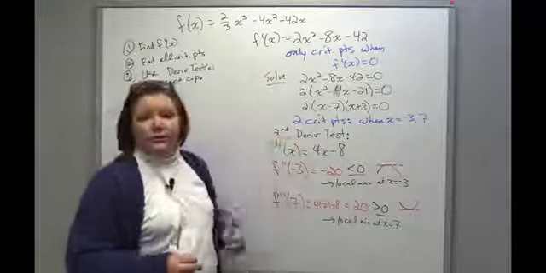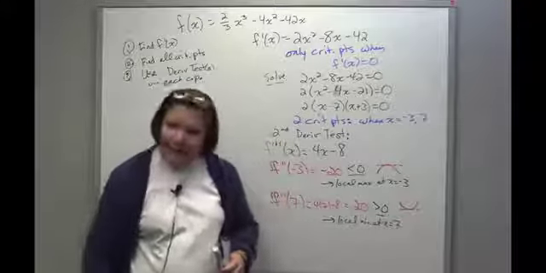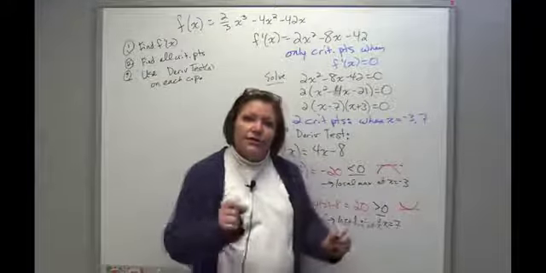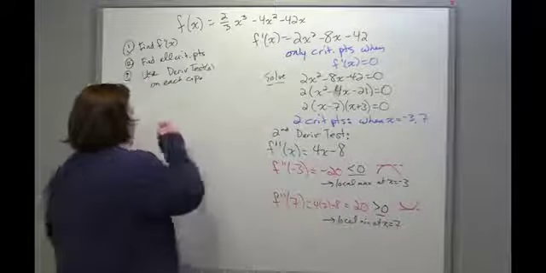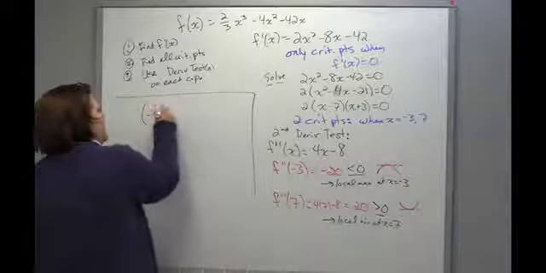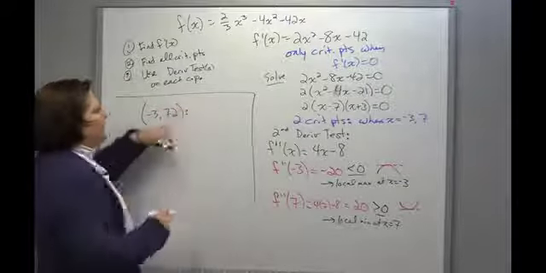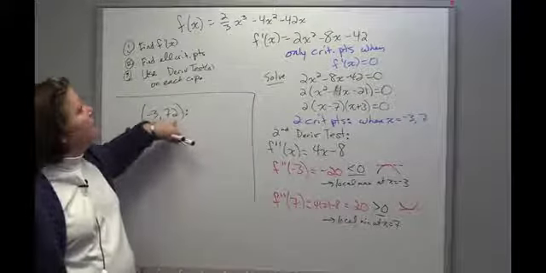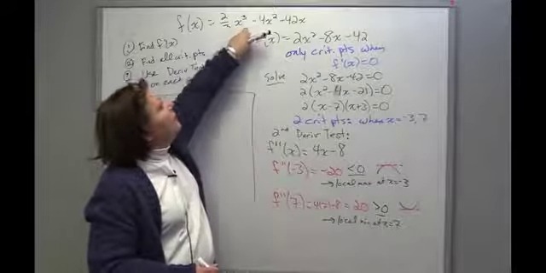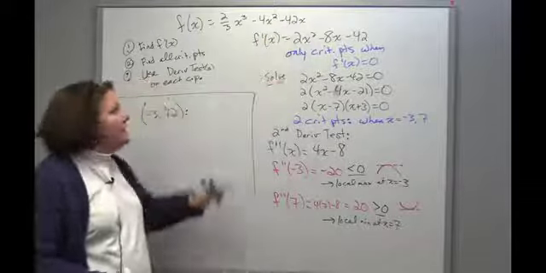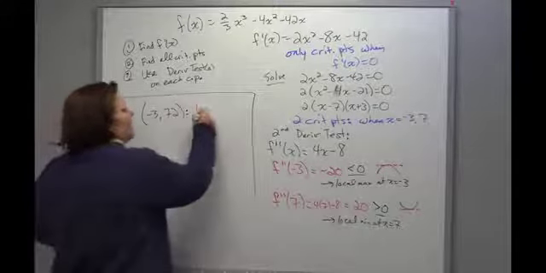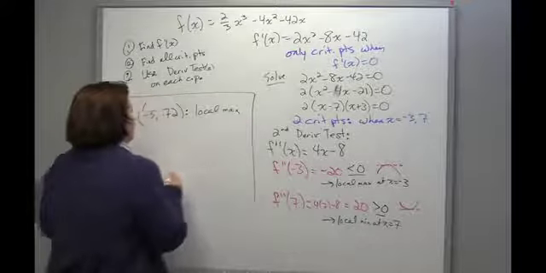Now, if the directions were to find and classify all critical points, these technically aren't points yet. Those are just the locations. So we have our answer. We have negative 3, 72. How did I find the 72? We need to figure out the y value on the function, plugging in negative 3, being very careful, having technology help us if needed. We get 72. We have a local max.